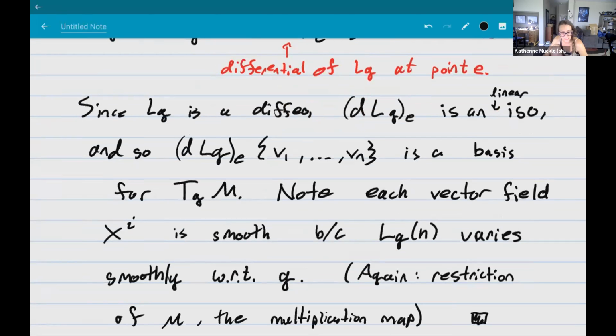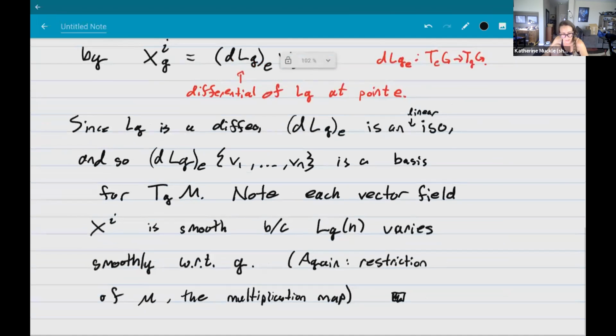Probably silly, but what do you mean by restriction of the multiplication map?